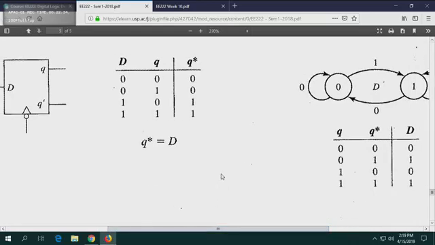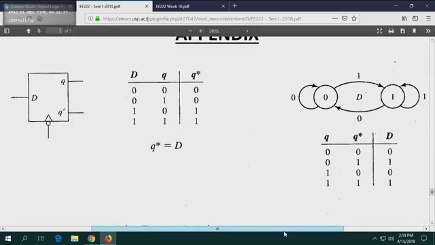The one in the middle is what table? The characteristic table, the D flip-flop characteristic table. The one on the right is the D flip-flop excitation table. Now, which table is appropriate? Both tables are related. They both belong to the D flip-flop. But they're used for different purposes.